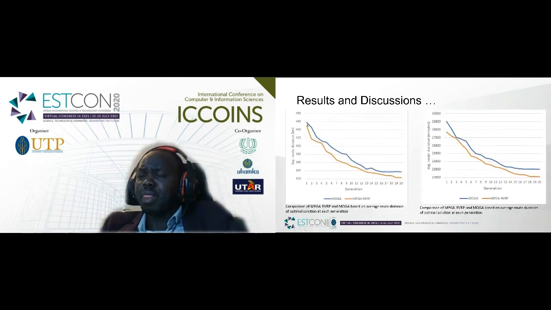You also see that over different generations, MOGA gets its optimal solution much faster because of more diversity, at almost the 15th generation. But with our algorithm, it continues to improve until even the 19th generation, meaning that the diversity is improving the optimality of the solution.